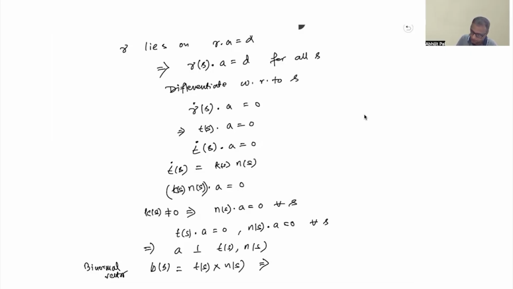So this implies that B(s) equals A or B(s) equals minus A for all s. So this binormal vector is now a constant vector. So this implies that B dot(s) is equal to 0.